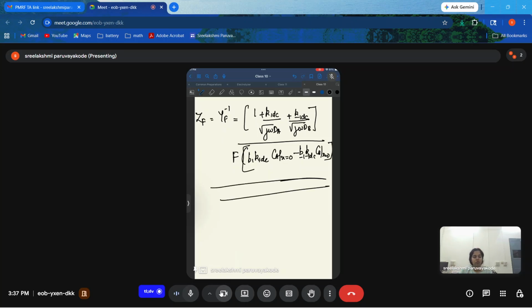So this is an expression for impedance when you consider the unsteady state.